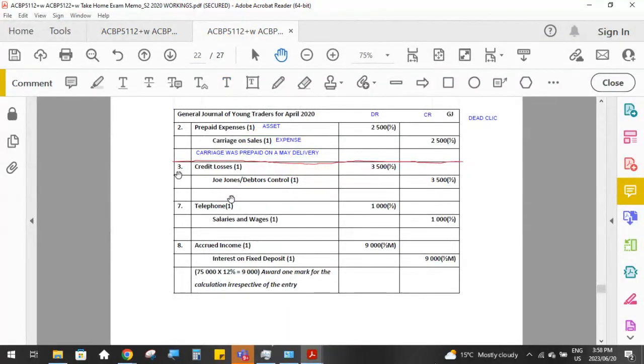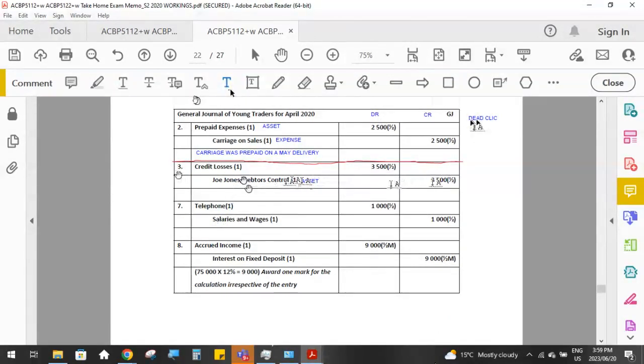And we've got to write it off. So again, you already know that debtors control is where that amount is sitting, and that debtors control is an asset account, and we want to reduce the assets. So when we reduce assets, because assets increase on the debit side, assets will decrease on the credit side.